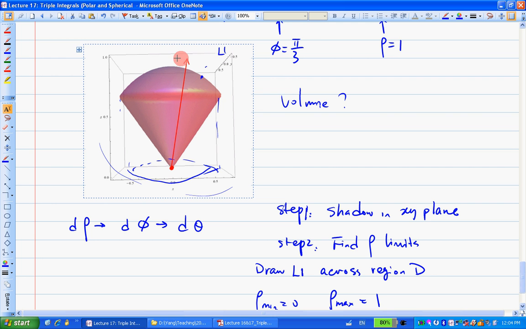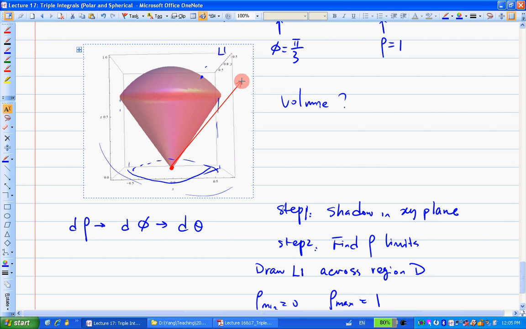You start the sweeping from the z-axis. Remember how the phi angle is defined. The phi angle is the angle starting from the z-axis, right? So you start from here and do the sweep.